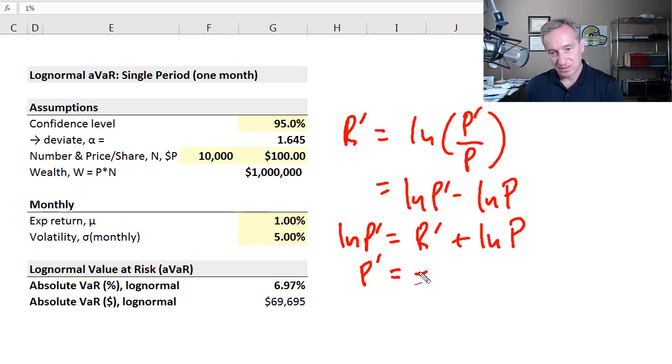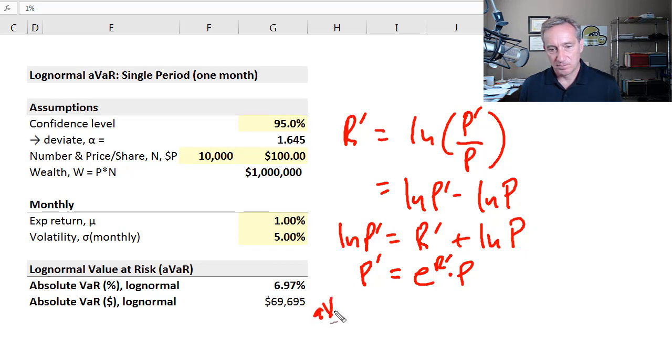So I have E raised to the geometric return multiplied by E raised to the natural log of P, which liberates the P. So I simplified this to E raised to the geometric return multiplied by the price.